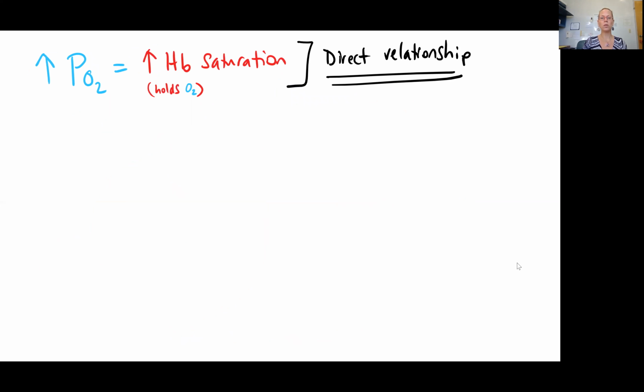Okay, as we look at our hemoglobin molecule, the question is, what are the factors that affect saturation? What's going to cause it to hold on to that oxygen or to release that oxygen? As I first started imagining what was happening here, I imagined that the blood was moving through the body and then just delivering equal amounts of oxygen at each one of those capillary beds.